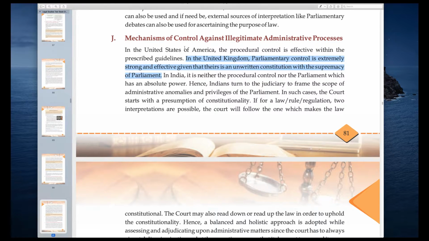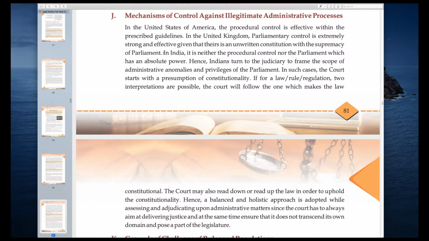Okay, and in the United Kingdom, Parliament has the supreme power. But in India, what is the condition? It is neither the procedural control, that is the President's control, nor the Parliament, which has an absolute power.